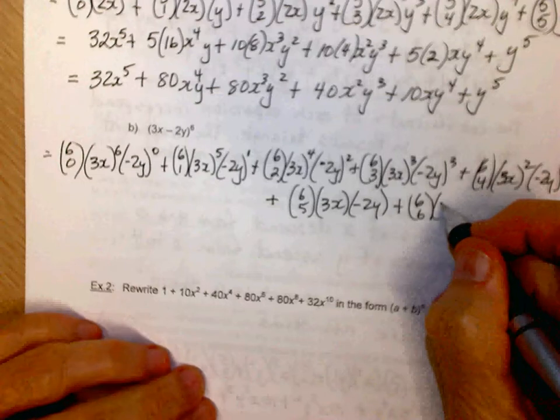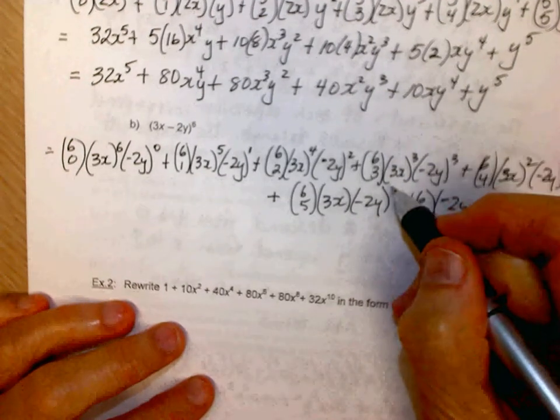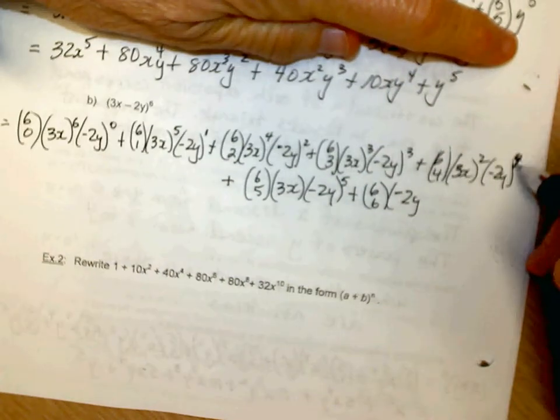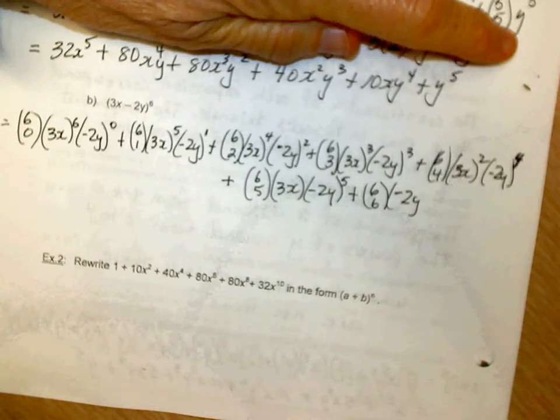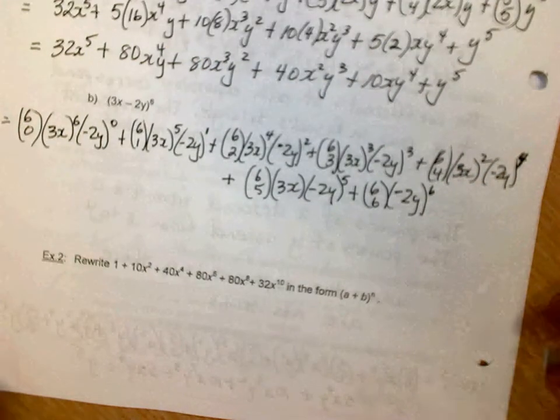Oh, this should be to the 5, right? This one was to the 4, make that a little more clear. And this one is to the 6. I don't like that 4 looking like that. That's no good.